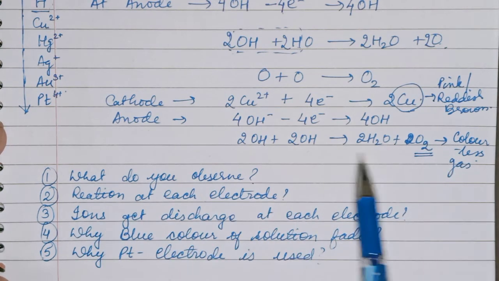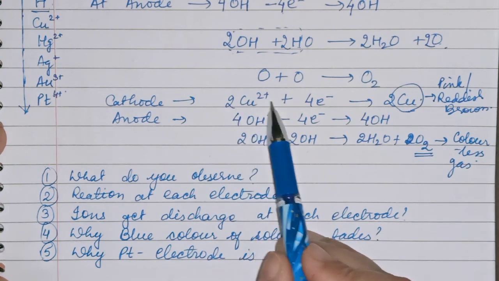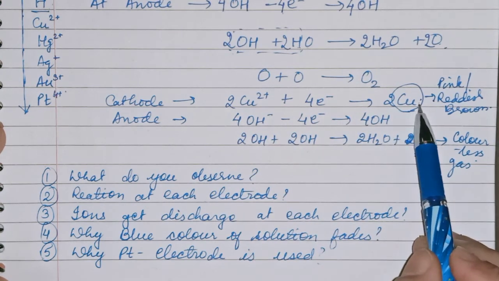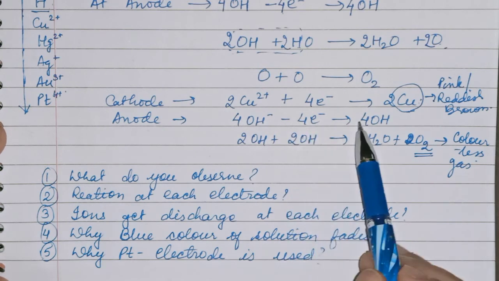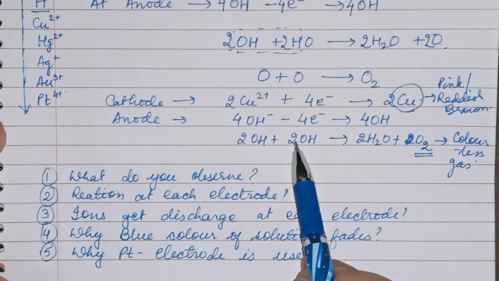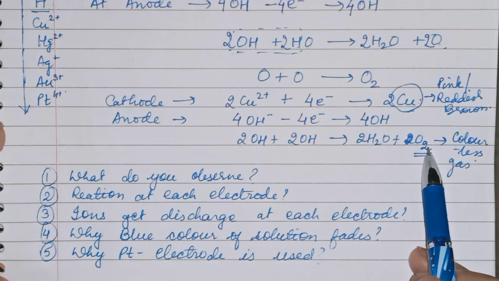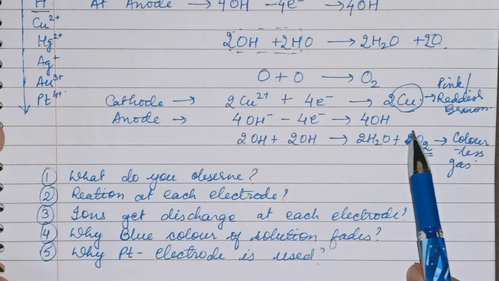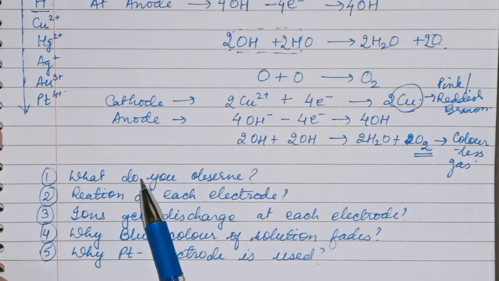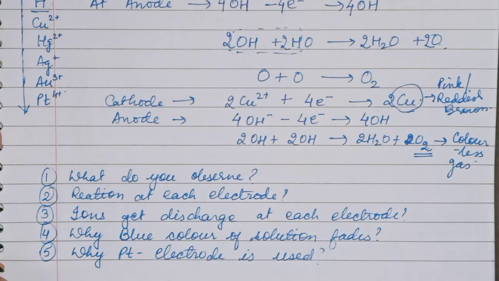Reaction at each electrode that we have done here: 2 Cu2 plus plus 4 electrons gives 2 Cu, and at anode 4 OH minus minus 4 electrons gives 4 OH, and these combine to give 2 H2O and O2. Okay, ions get discharged at each electrode. That means Cu2 plus at cathode and OH minus at anode.